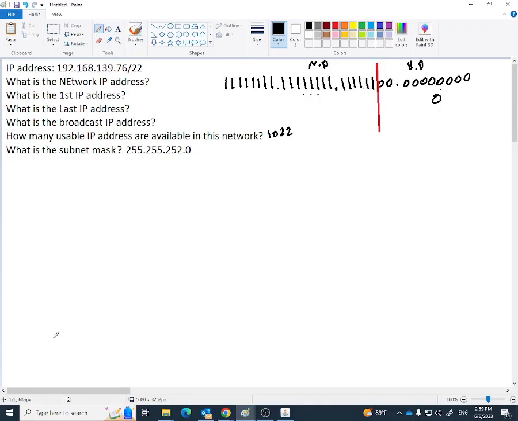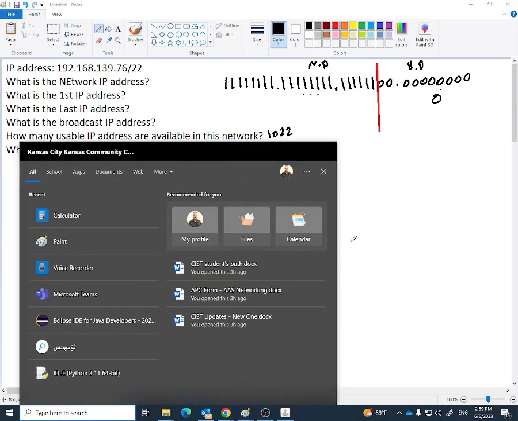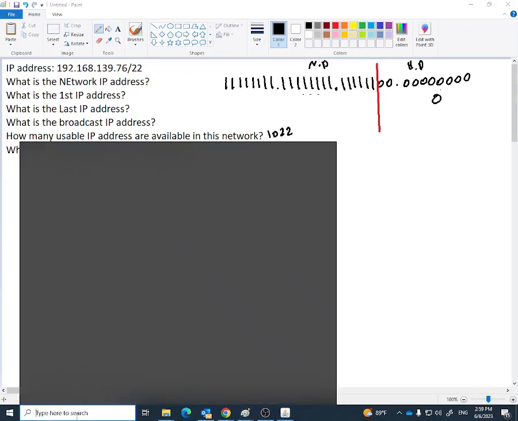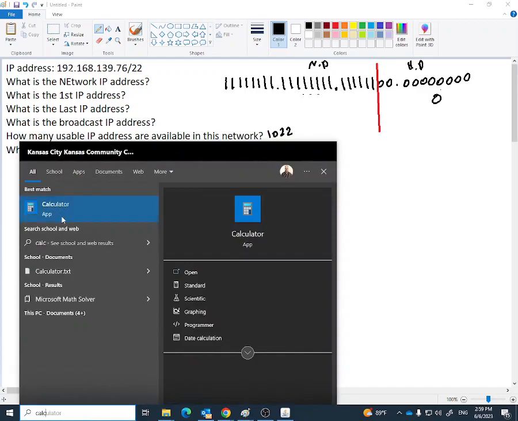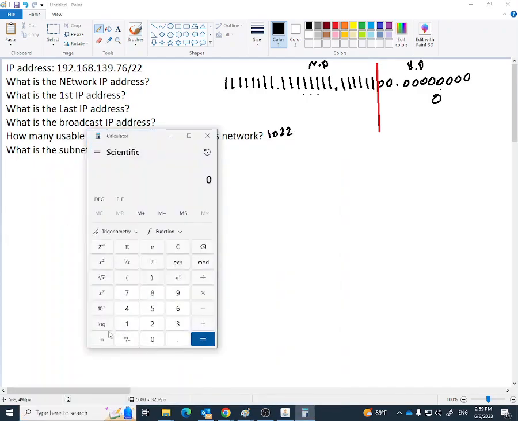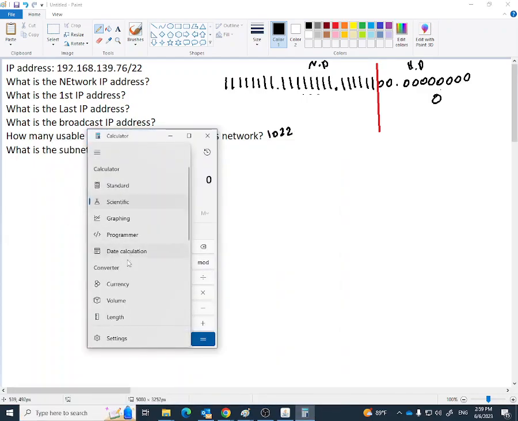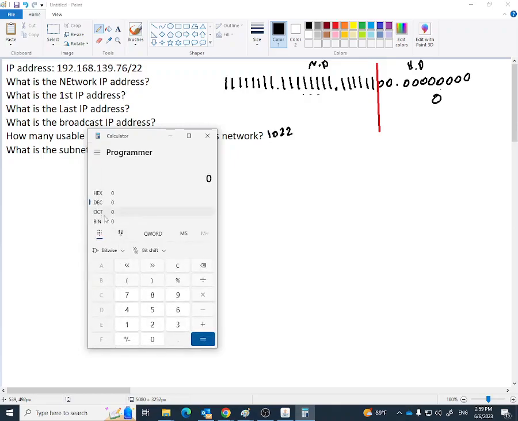I can do the calculation really fast here, but I'm just going to go and use the Windows calculator. So let's go ahead and click into programmer, click on binary, and click on 6 ones followed by 2 zeros. And that is, oh, wait a minute. Well, no, my bad.